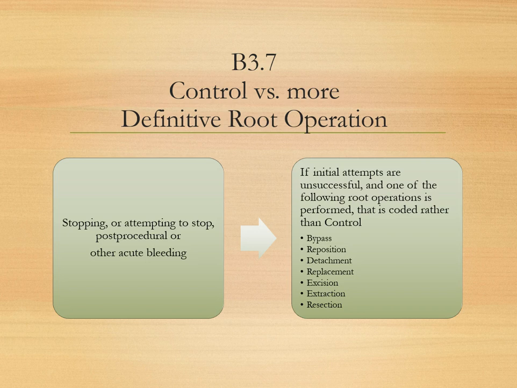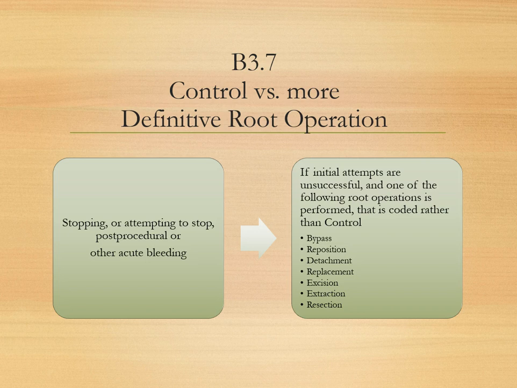Now, if an attempt to stop post-procedural or other acute bleeding is unsuccessful, and in order to stop the bleeding, the provider has to do something else, such as a bypass or a detachment, excision, extraction, reposition, replacement, or resection, the more definitive root operation is coded instead of control. Well, that makes sense.